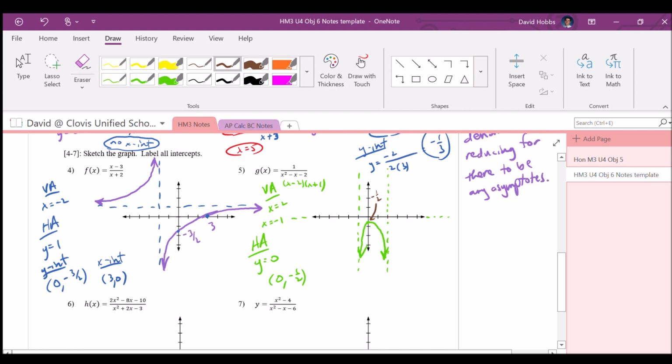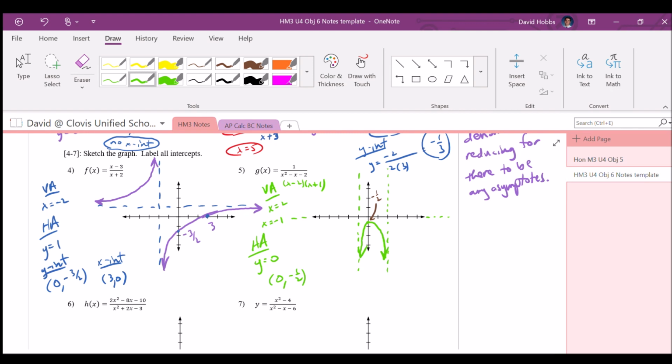Okay, now out on the sides, it does have to go to elevation 0 from either coming down low, close to the vertical asymptote, or coming from up high. And could I be coming from up high, going to elevation 0 out here on the right? Yes. Could I be coming from down low, going to elevation 0? Yes. Either one's possible. So now as you do more of these, you'll probably have a better idea about which one it is, but we just have to plug in a point.